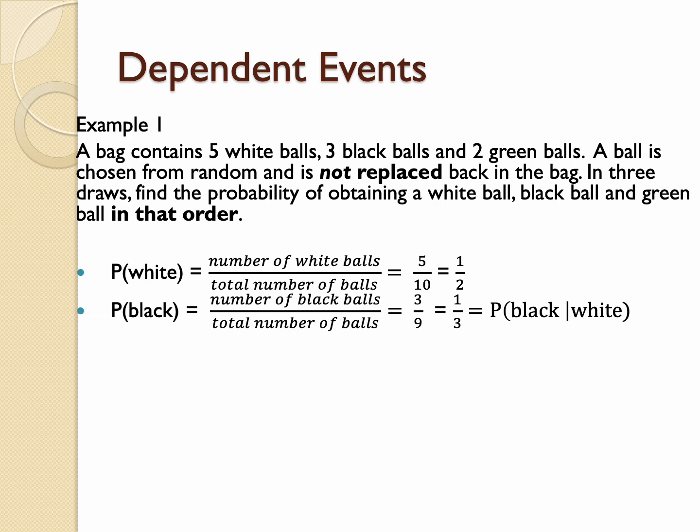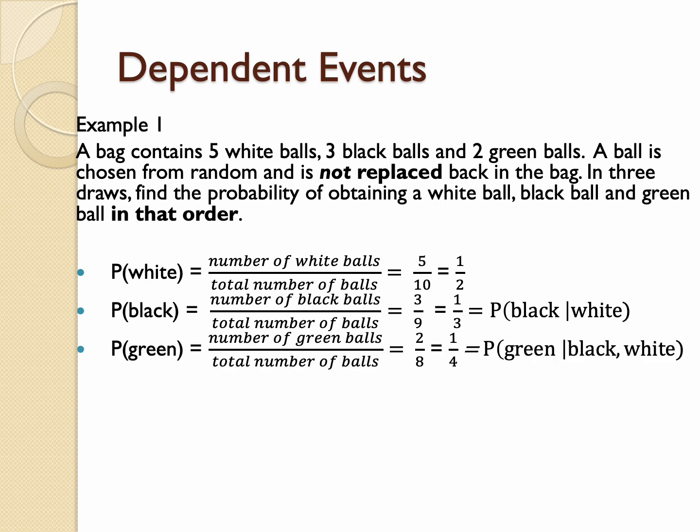Now note that the total balls left is now 8 because we are not replacing anything back into the bag. So the probability of picking a green now equals 2 over 8 because there are still 2 green balls left while the total balls are now reduced to 8. So this equals 1/4 and can be called the probability of picking a green given black and white were chosen earlier.